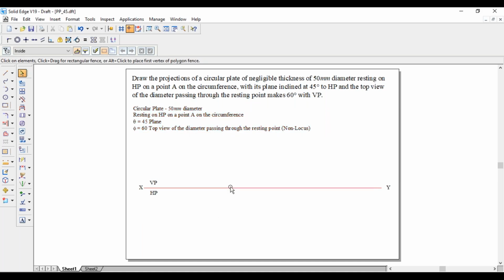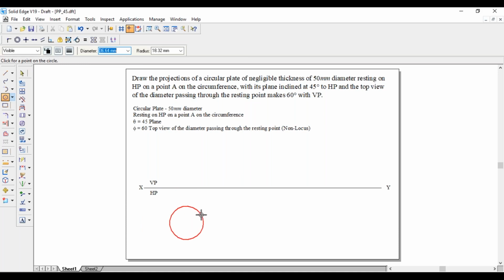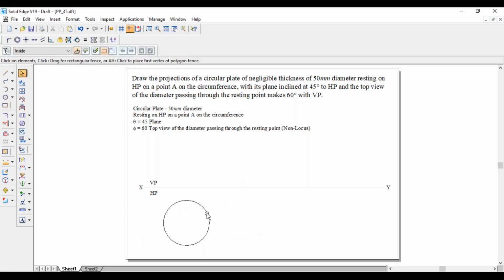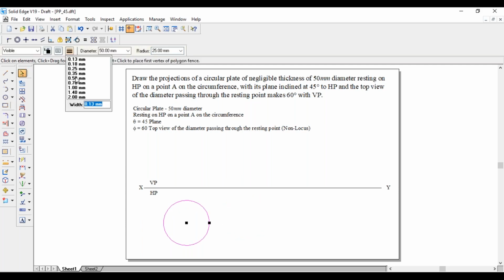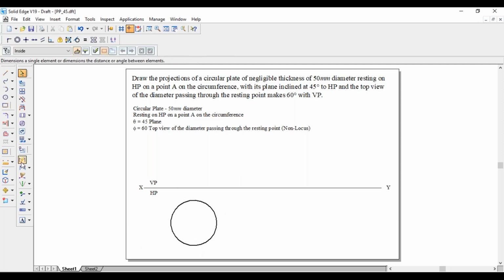Anywhere below the XY line, because it is resting on HP, take a center and construct a circle of radius 25 mm. That circle should not cross the XY line. If you give the dimension, the diameter should be 50 mm.